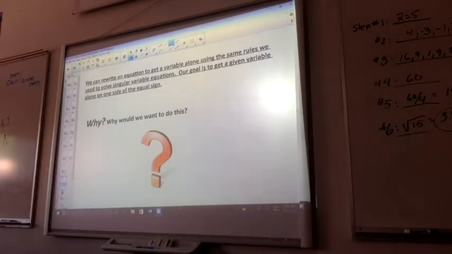A lot of things in science, you're substituting in something for something else. You've solved for Fahrenheit, so now you can plug that Fahrenheit temperature into another equation, or Celsius, depending upon what you're working on, or Kelvin if you're doing absolute zero. These are things that allow you to start solving for variables when you have multiple equations, which is very useful and helpful.